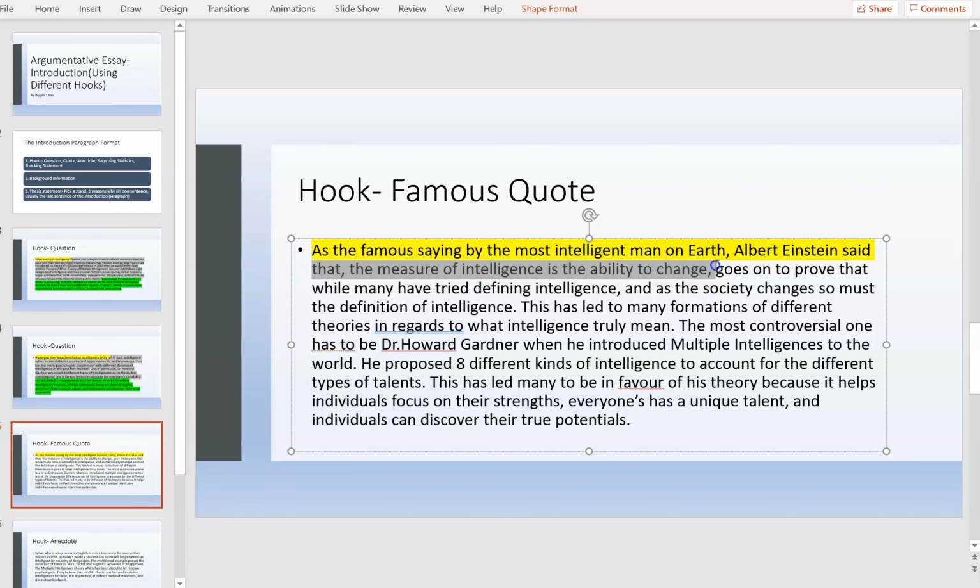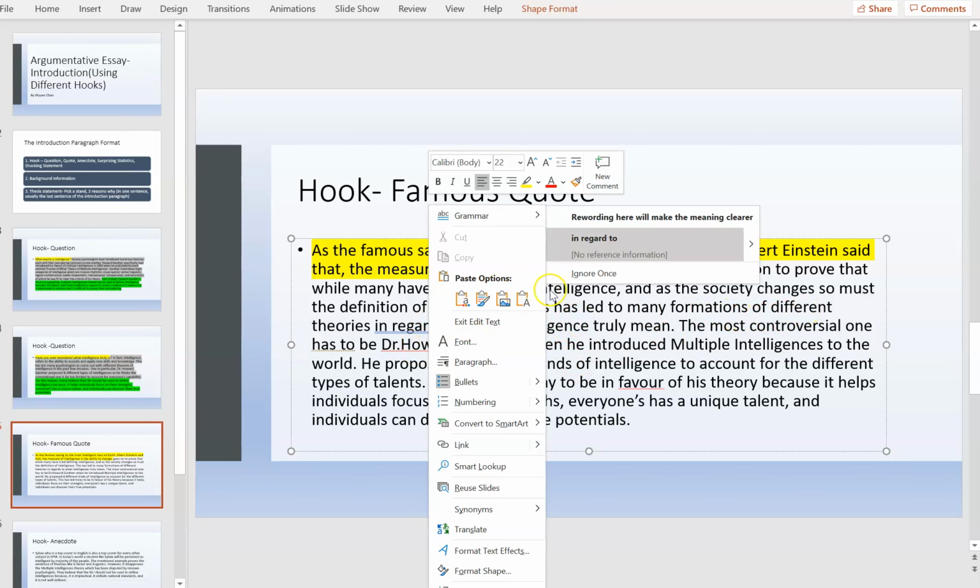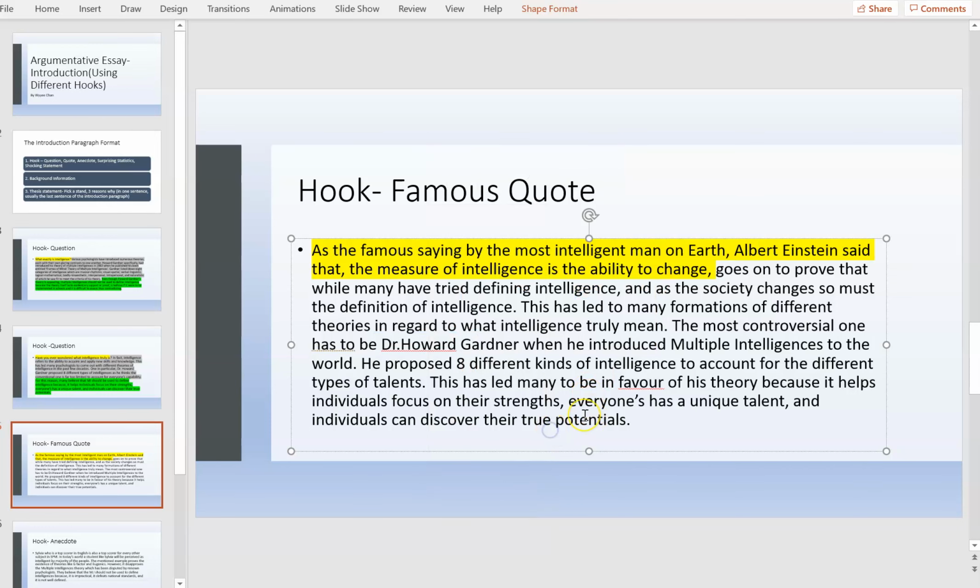So this is the quote. This has led to the formation of different theories in regards to what intelligence truly means.